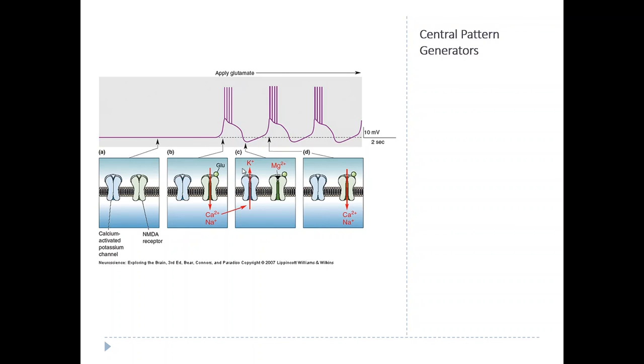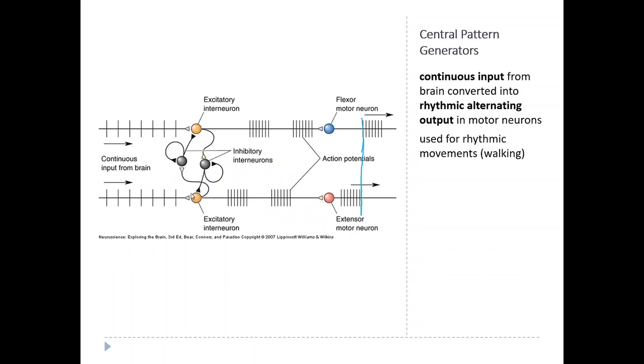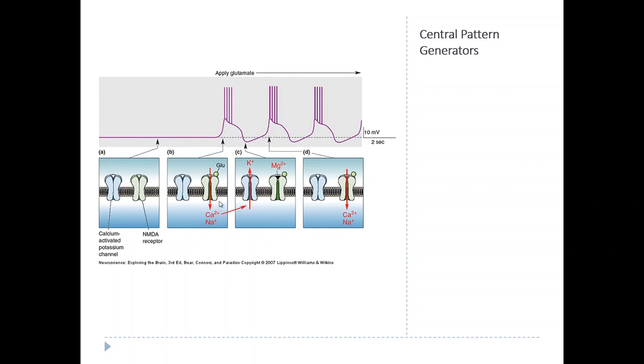Let's say you were to record the membrane potential of one of these neurons in the presence of glutamate, you would see that it produces a burst of action potentials followed by hyperpolarization, and then another burst, and then another round of hyperpolarization. So again, they fire rhythmically like this.